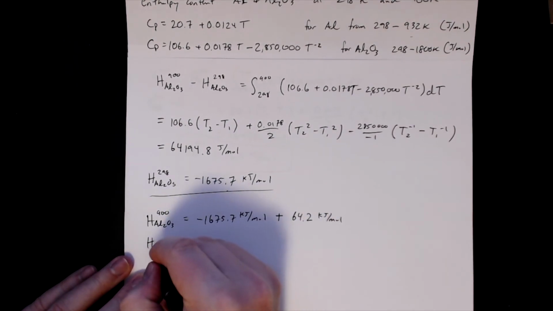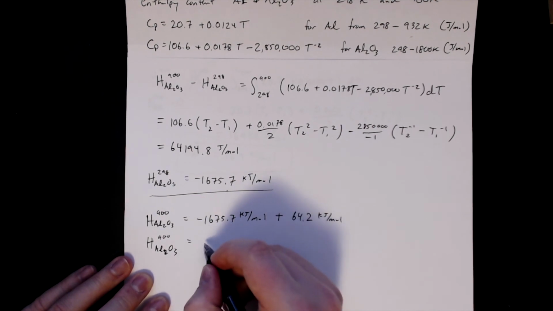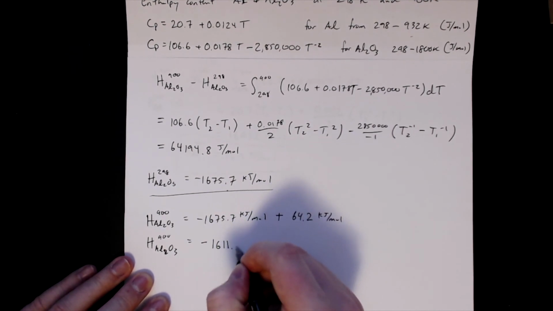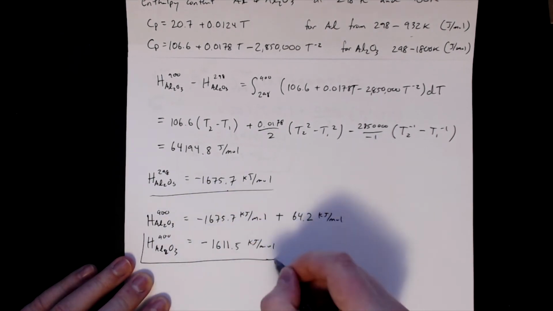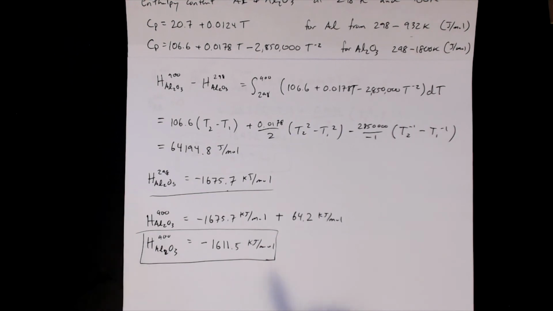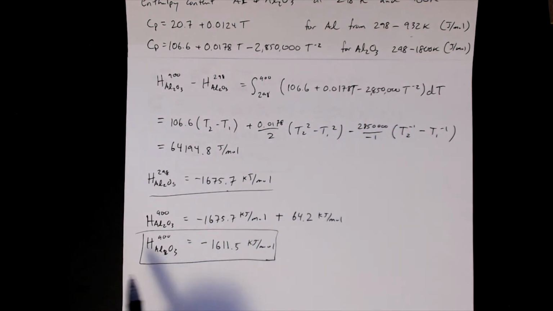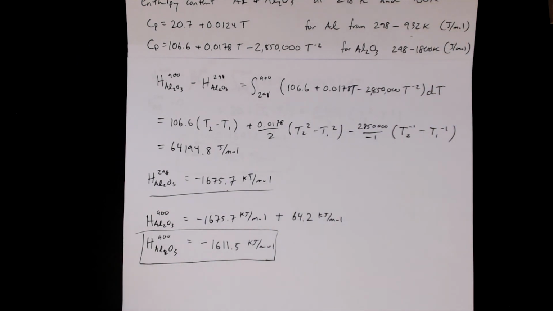And that gives us a value for 900 of minus 1,611.5 kilojoules per mole. So there's not too much to this other than we need to know the heat capacities, take the integrals, and then we are able to find the enthalpy contents at whatever temperature as long as it's in these temperature ranges.